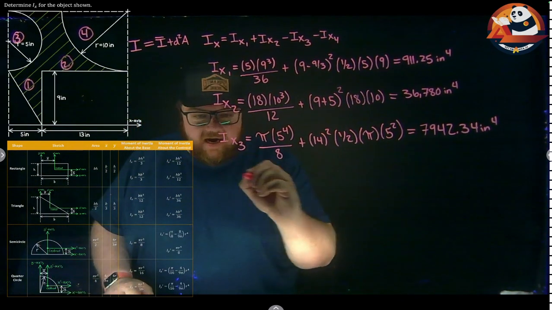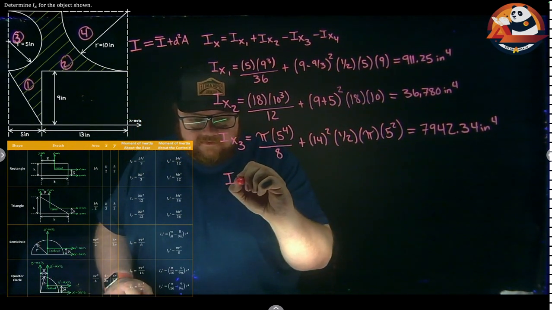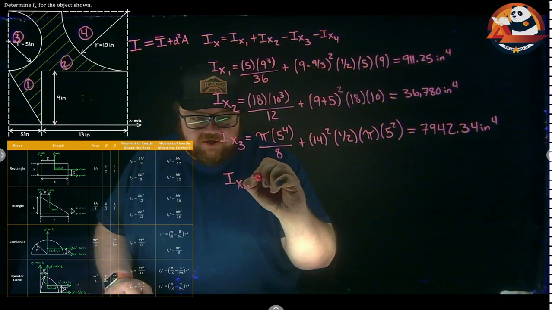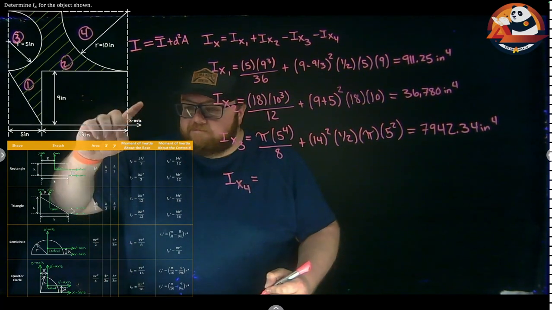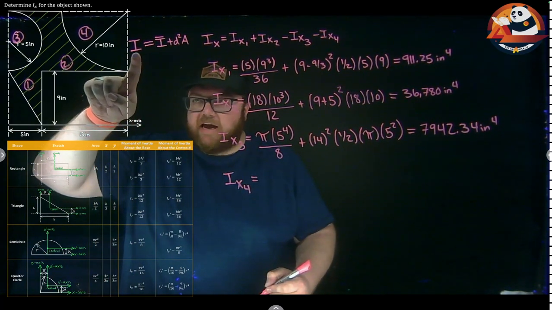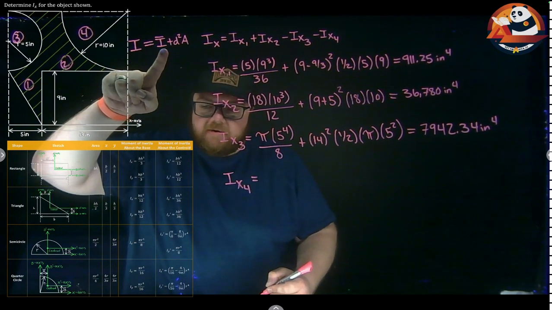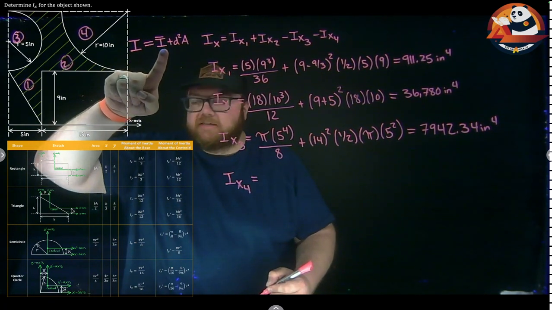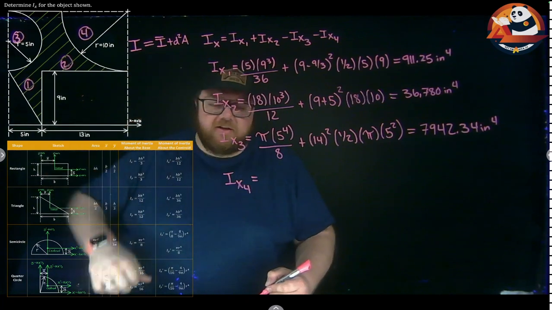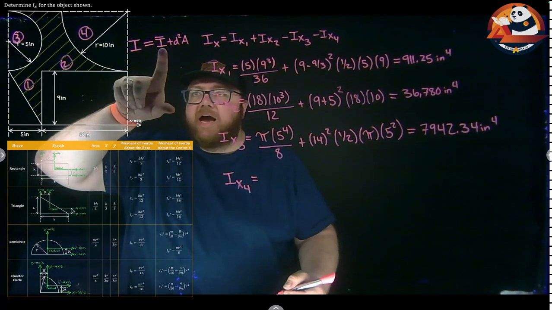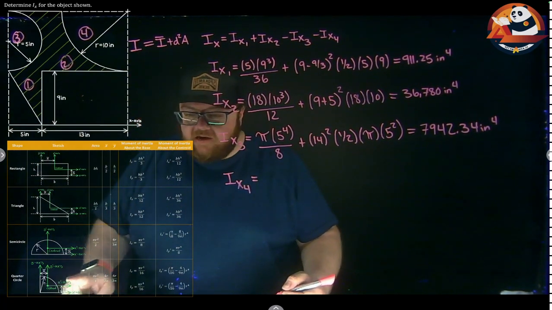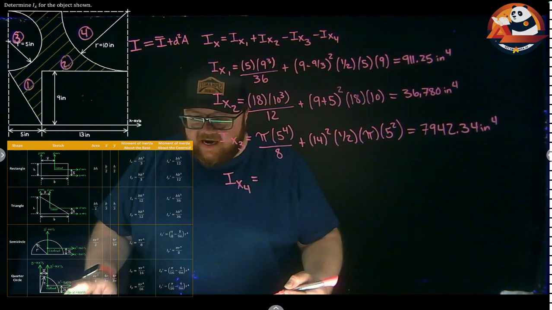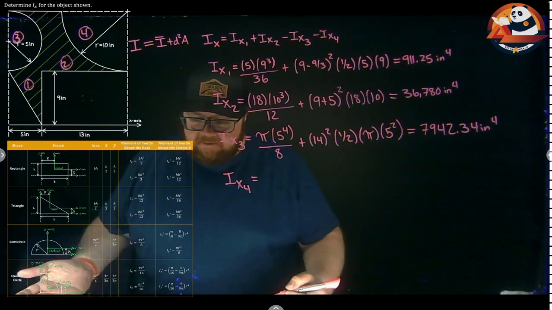So I can say that my Ix4 should be, well, my moment of inertia about the x-axis is my moment of inertia about the centroidal x-axis plus the distance between those squared times our area. If we look at our picture, the x-axis that goes through the centroid is perpendicular to the flat side.